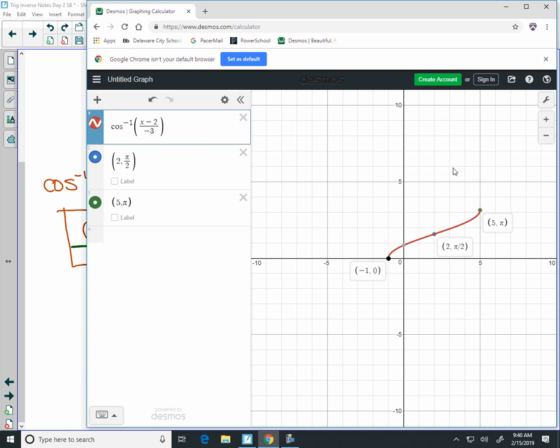I'm not going to ask you to graph on the test. I do think it's good as we're working through examples to double check your domain and range with the graph. Desmos gives you a little nicer graph than your graphing calculator, although we are going to be working with it. Good so far? All right, let's do some more algebra.